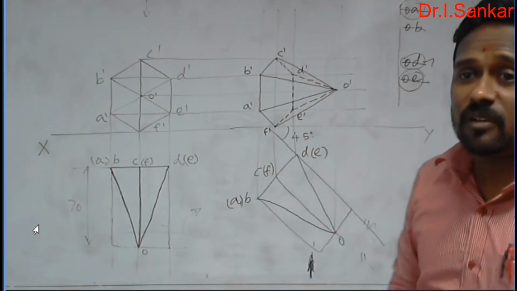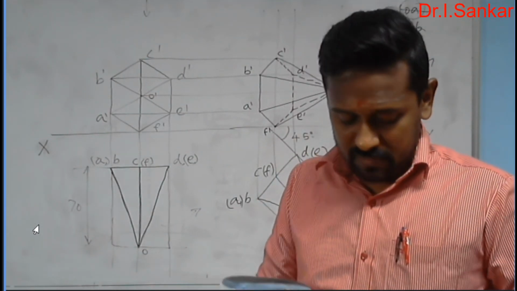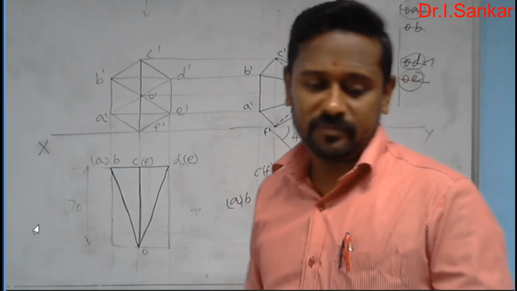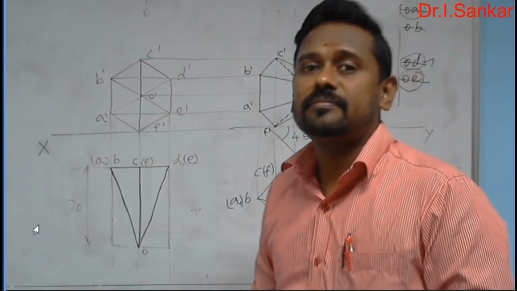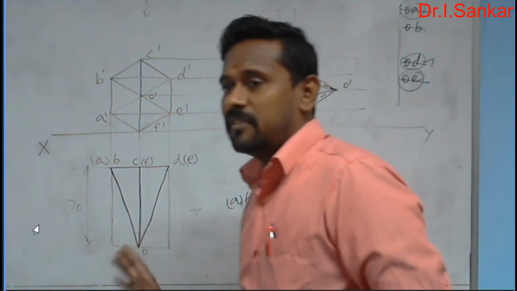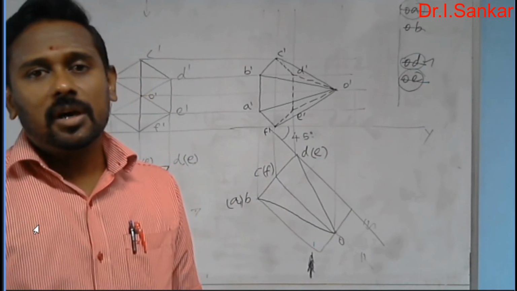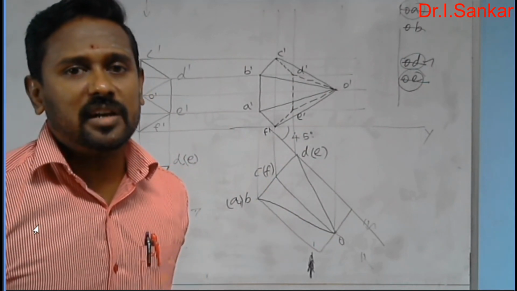All the edges of the solid are connected based on their visibility, whether they are visible or invisible. Okay. So in this way we can complete this work. So this is nothing but the final answer for this question. What we did is first we drew the base view and the lateral view of the solid.